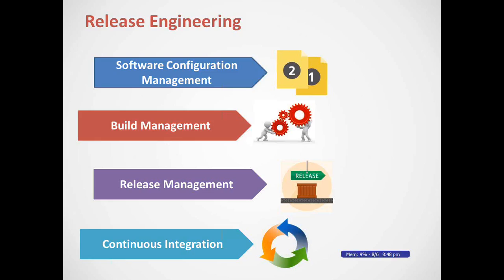So these are the main areas or disciplines by which release engineering is going to help in releasing a product smoothly, and at the same time at an earlier time and with a higher quality, and on top of all these things being cost effective.